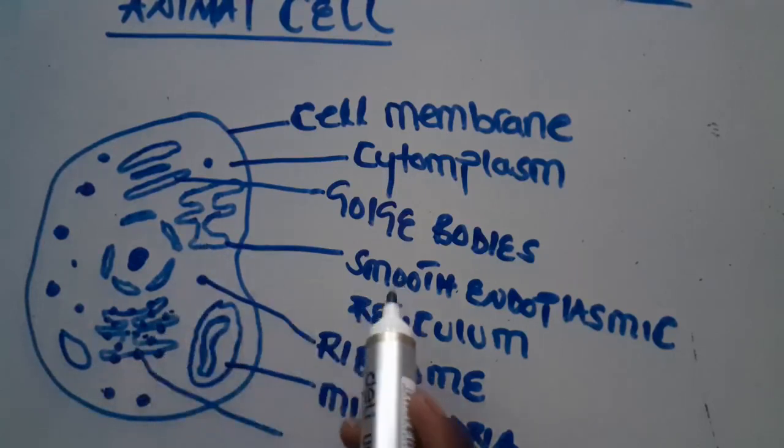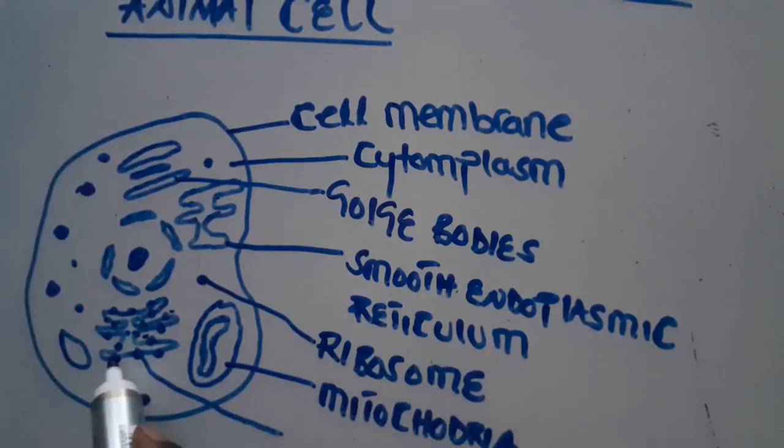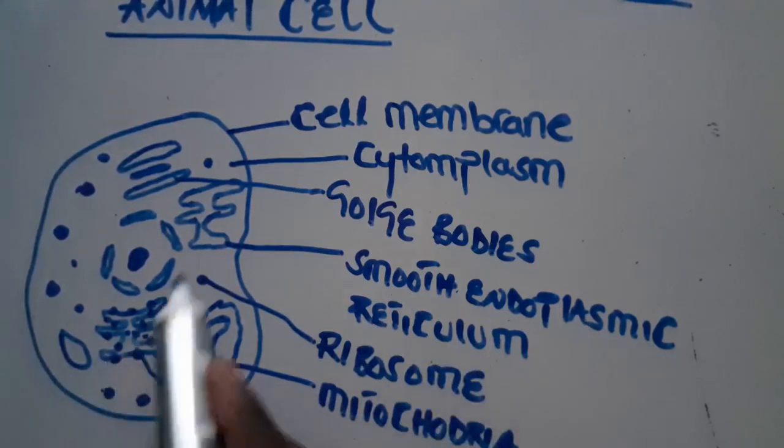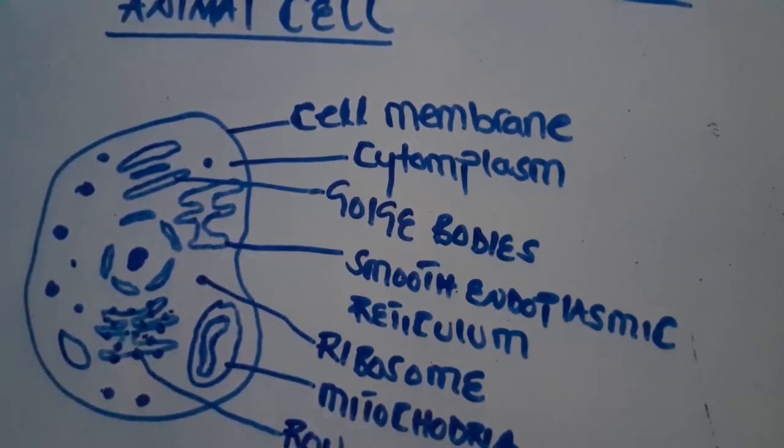This one is called a smooth endoplasmic reticulum because it has no what? Ribosomes. So this one is called a rough endoplasmic reticulum, because these ribosomes make it rough.